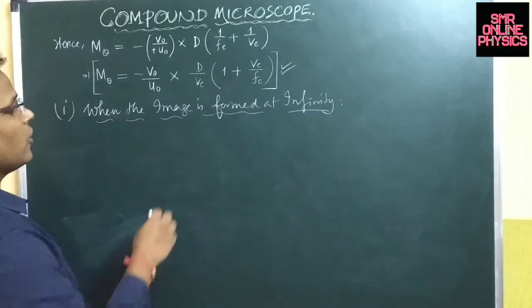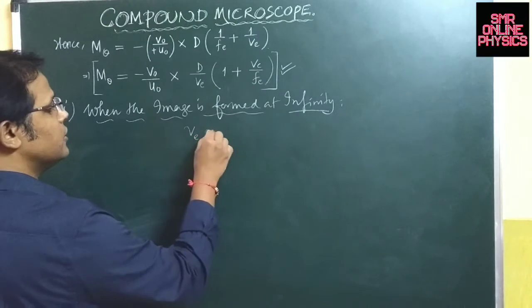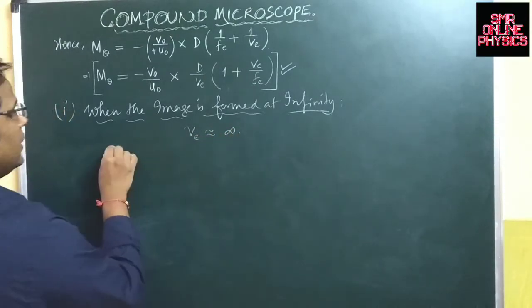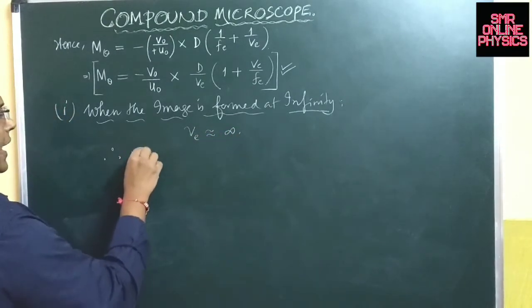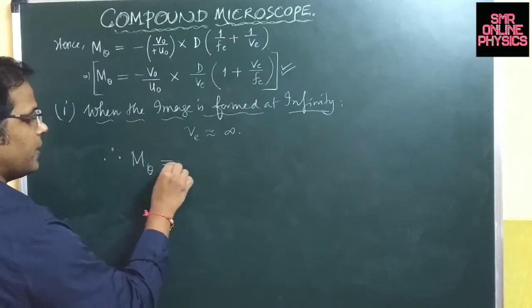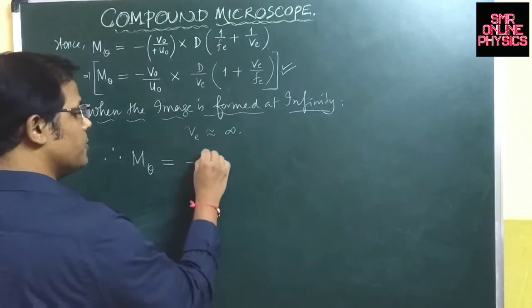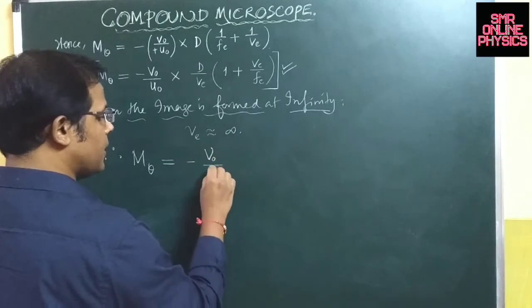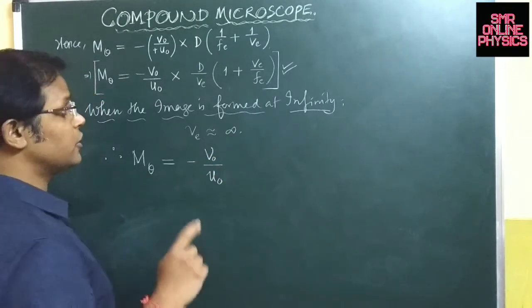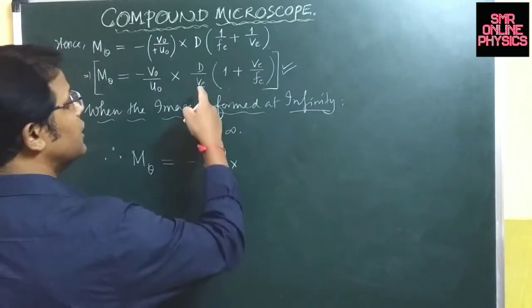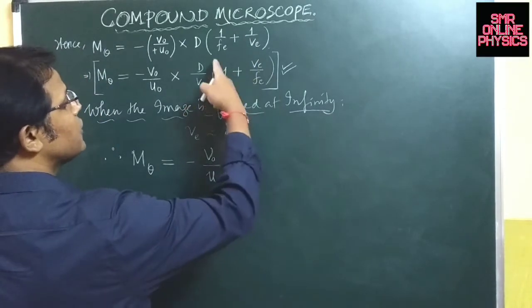If I put infinity over there, VE equal to infinity, then you'll find the angular magnification achieved by the compound microscope will be equal to minus V naught by U naught, make sure, multiplied by infinity, that's gone.